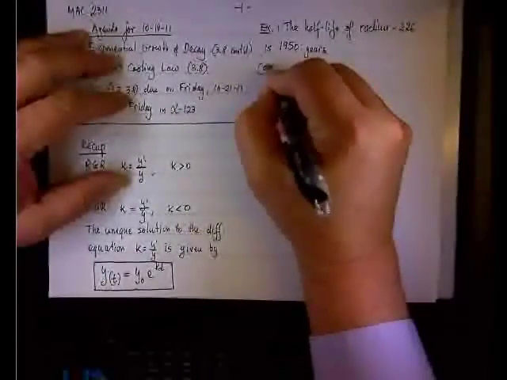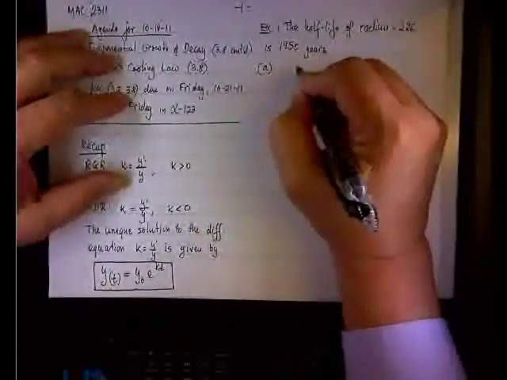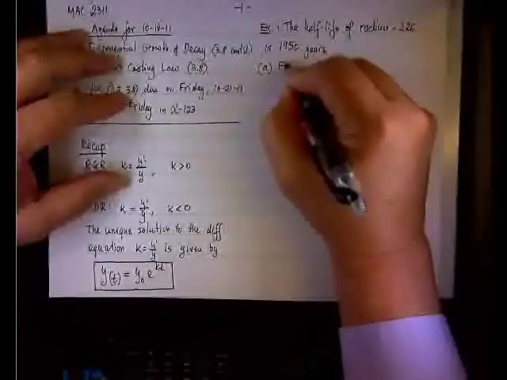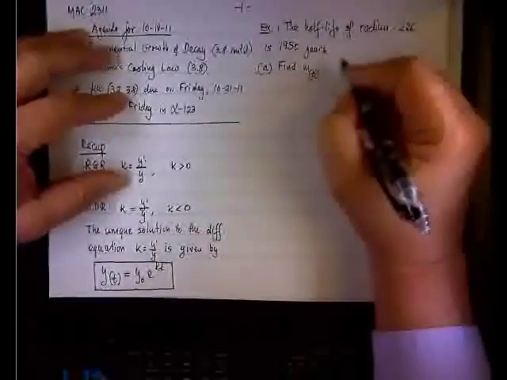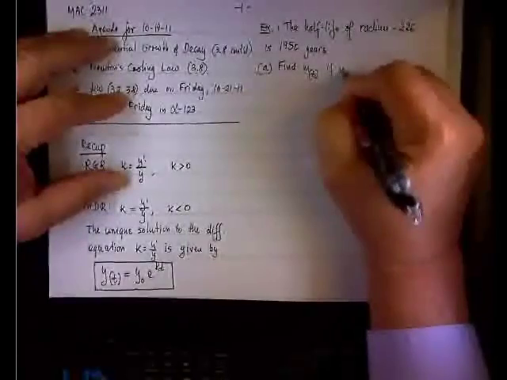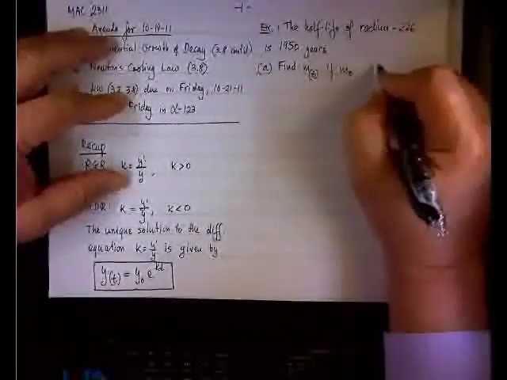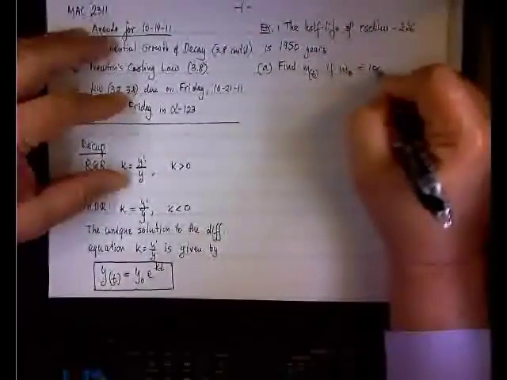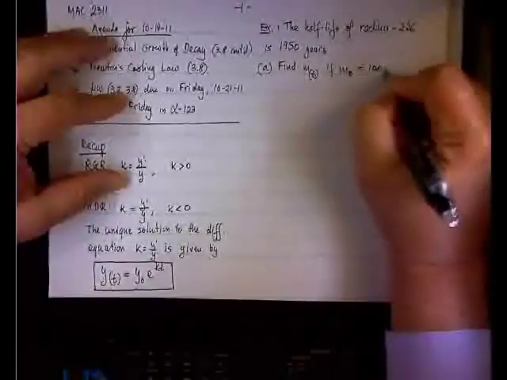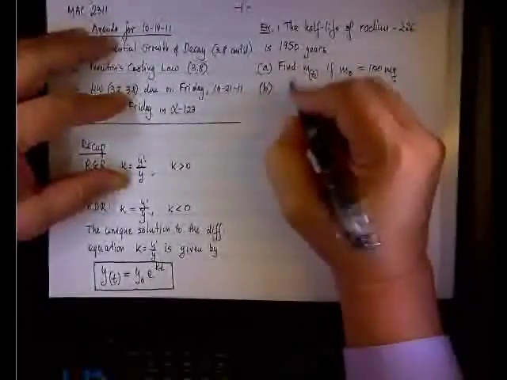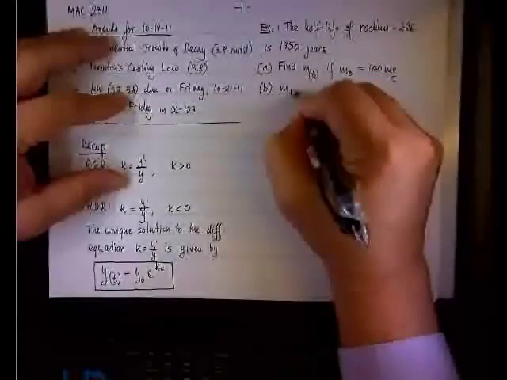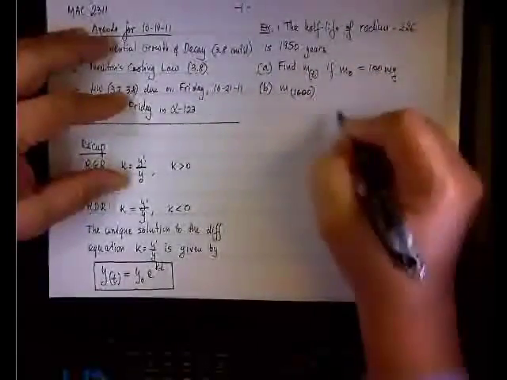Here are some questions associated with this. A: Find a function m, the mass, as a function of time, if m sub 0, the initial mass, is 100 milligrams. B: What will be the mass after 1,000 years?